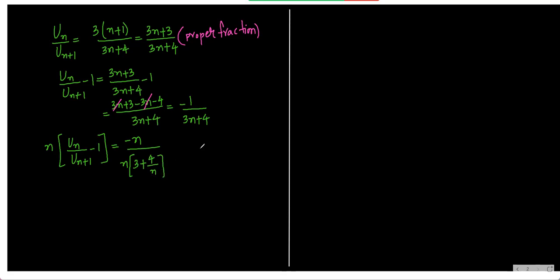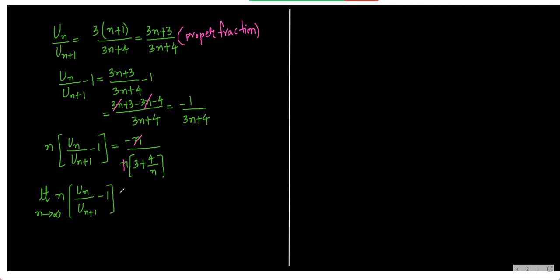So n and n will be cancelling out. And then we have to take the limit n tends to infinity on both sides.